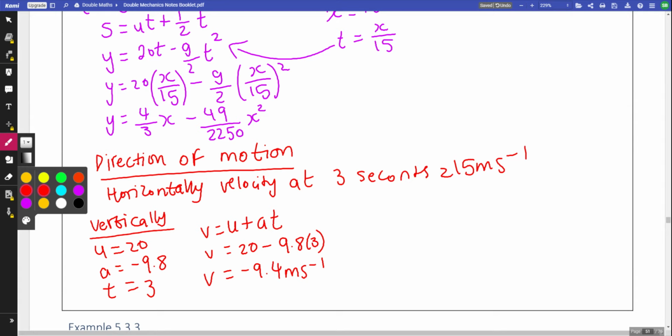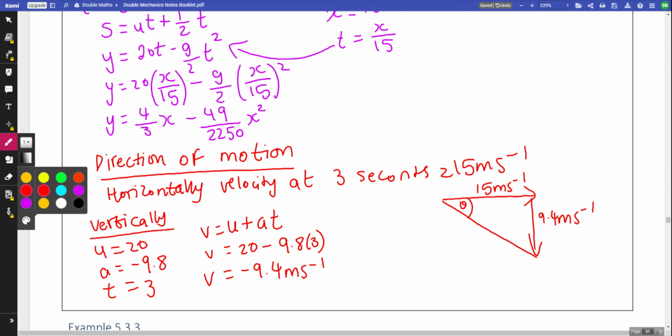So we know the horizontal and vertical velocity at 3 seconds. To consider direction of motion, we put our horizontal velocity and our vertical velocity end to end. And then we consider the angle that makes with the horizontal, and that tells us what direction this particle is traveling in at 3 seconds.